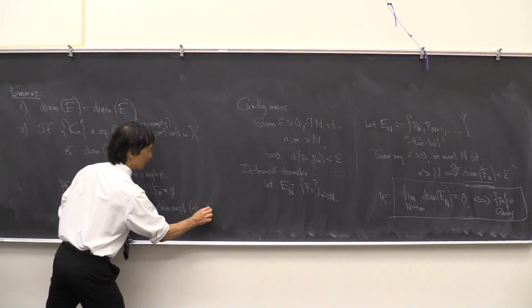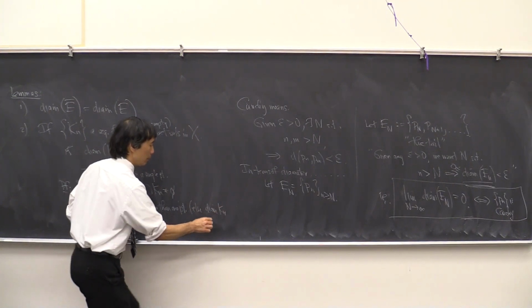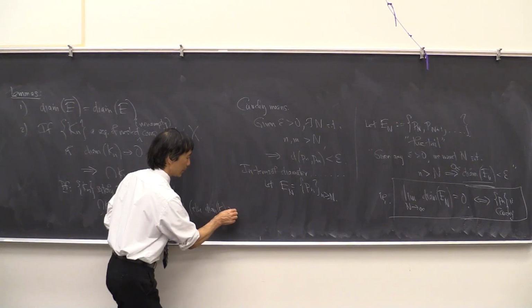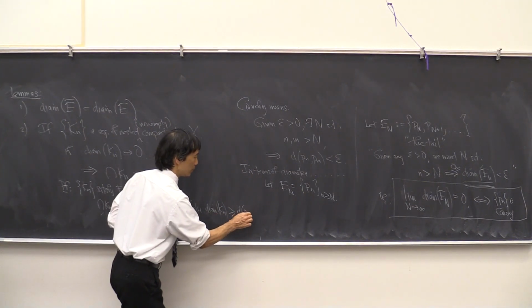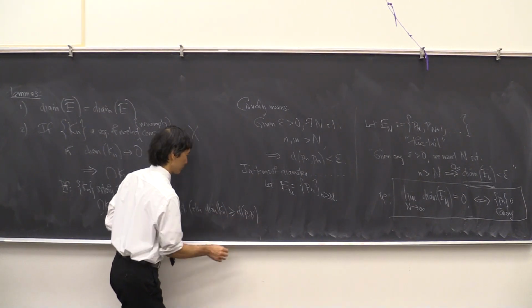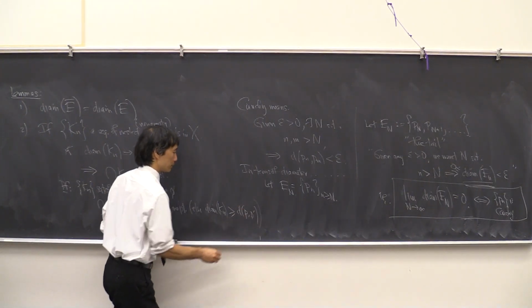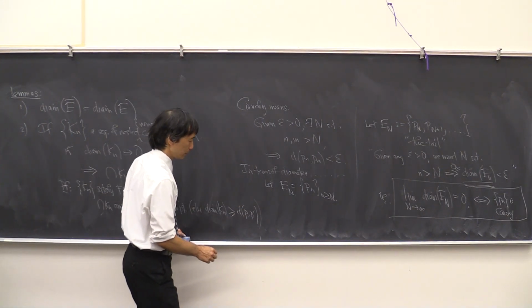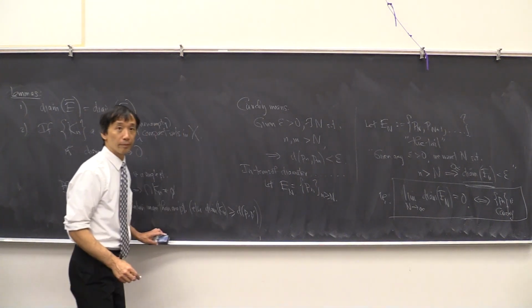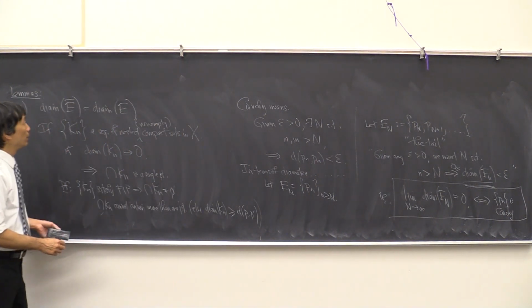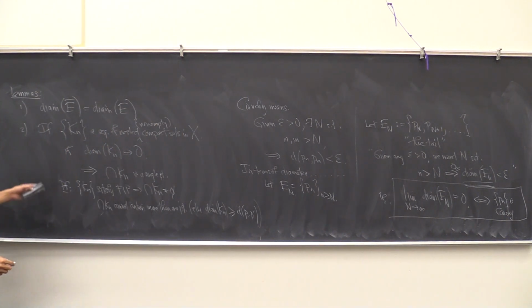Else the diameter would be, you know, bigger than or equal to the distance between those 2 points. Right. So, okay. Is that okay? Is that all right?